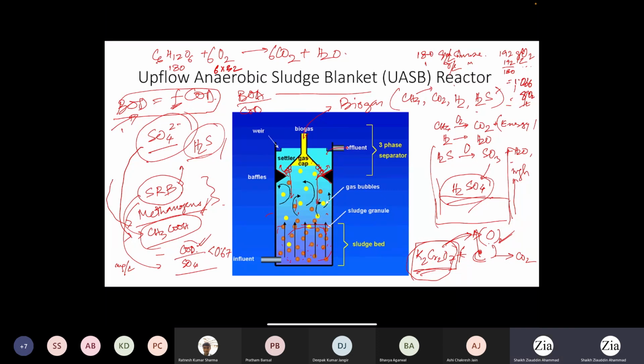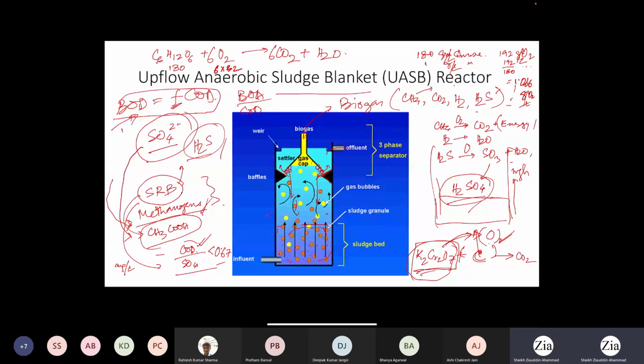Now, this COD sulfate ratio you can maintain by augmenting external carbon source. So the COD sulfate ratio will be more than 0.67. Then you can ensure that you are not getting too much of H2S. Now, still, if you have H2S at the outlet gas, then you can have some chemical or biological scrubber.